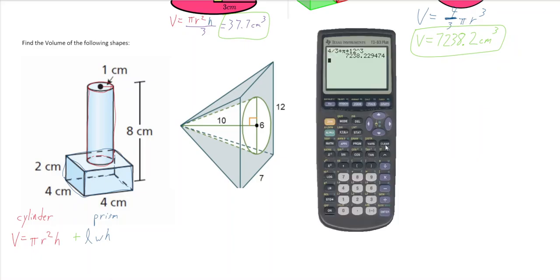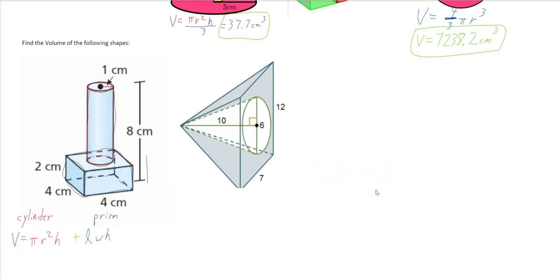Okay, so to be able to find the actual answers for this, it would be pi times r, which is 1, times h, which is 8 minus 2, so 6. Why am I saying 8 minus 2? Well, this 8 is the whole height, but we only want the height of the cylinder, so we have to subtract this part.